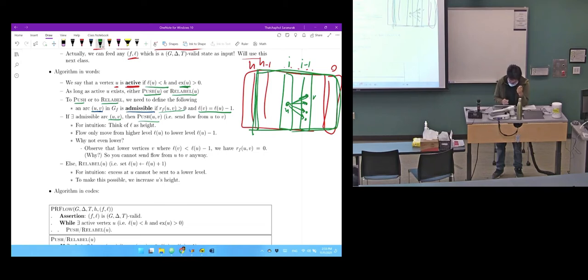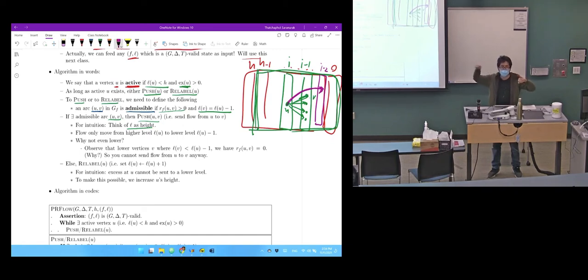Okay, so we think of L as a height, and we move the flow from higher level to lower level. And why don't we try to look further, like for lower levels? The reason is that if you assume this invariant that we said before, any edge that skips the level is already saturated.